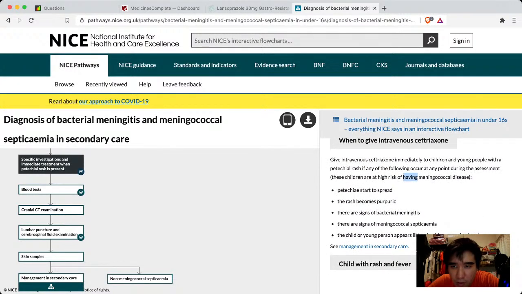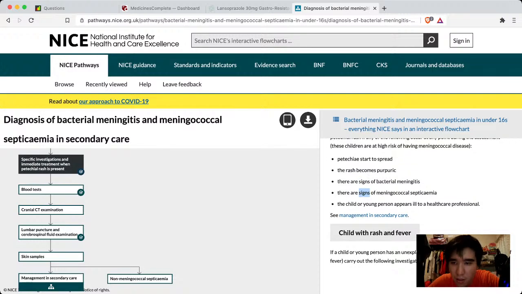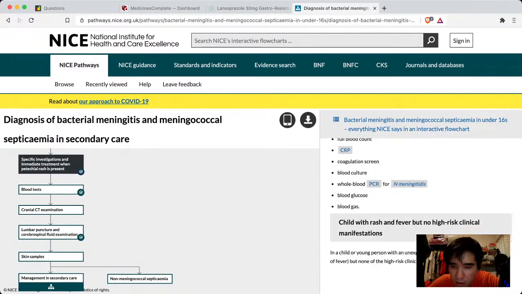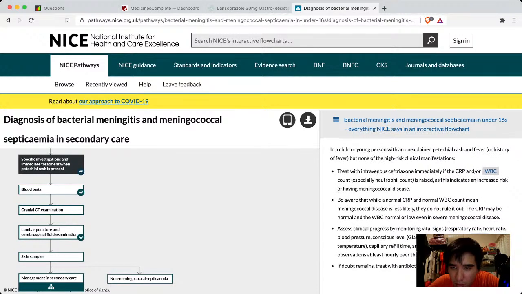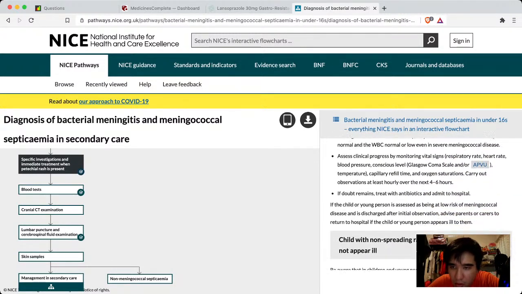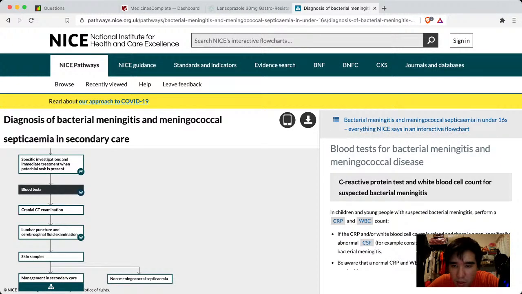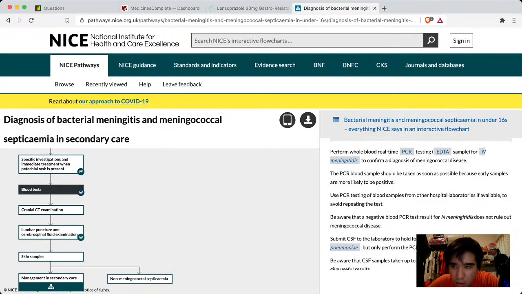Give intravenous ceftriaxone immediately to children and young people with a petechial rash if any of the following occur at any point during the assessment: petechial rash starts to spread, rash becomes purpuric, signs of bacterial meningitis, signs of meningococcal septicemia, appears ill. Going to do these tests. High-risk clinical manifestations. Blood tests: CRP, white blood cell count, CSF, PCR.